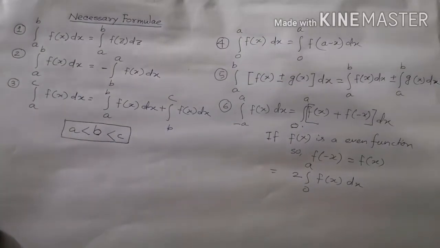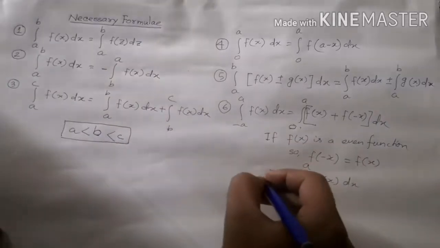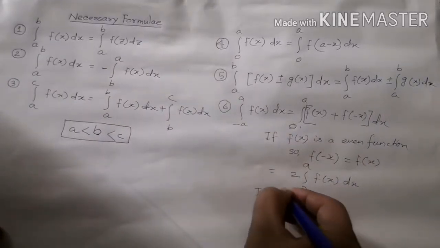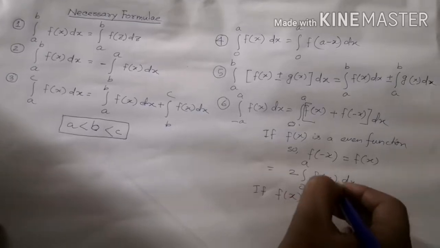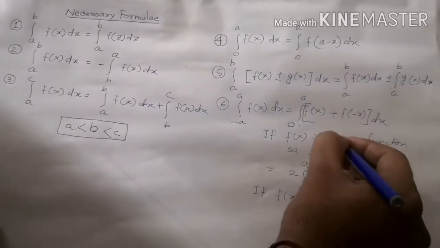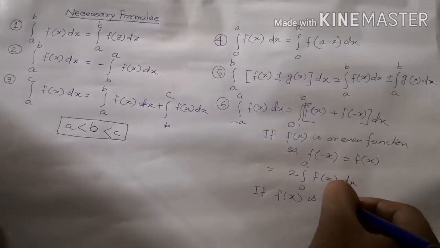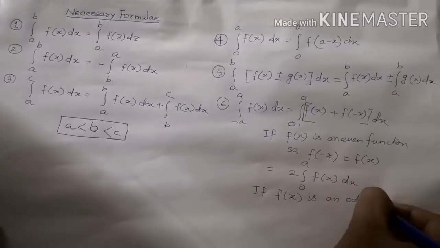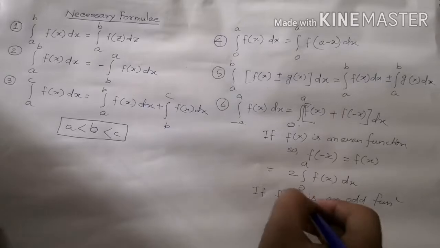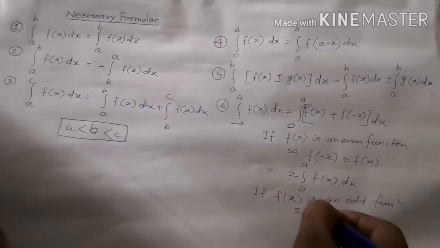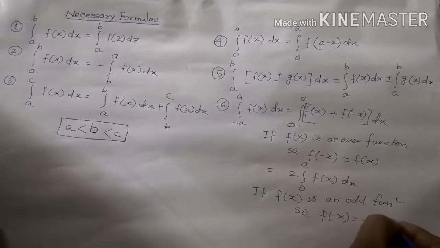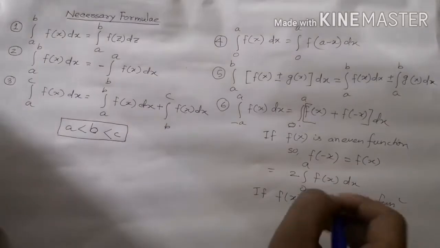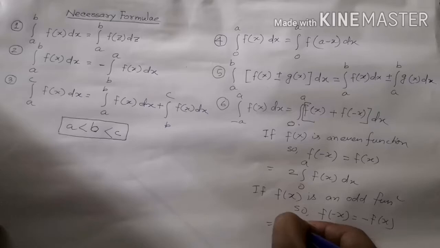And if f(x) is an odd function, so f(minus x) equal to minus f(x), at that condition the formula becomes 0.